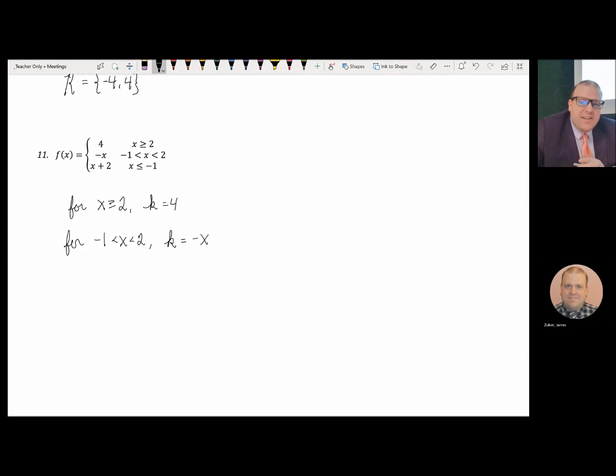If x is between -1 and 2, k would have to be negative x, right? The output is negative x. x would then be negative k.